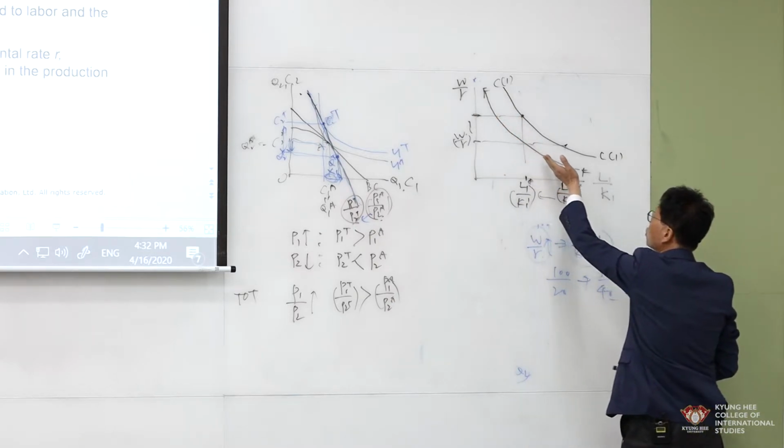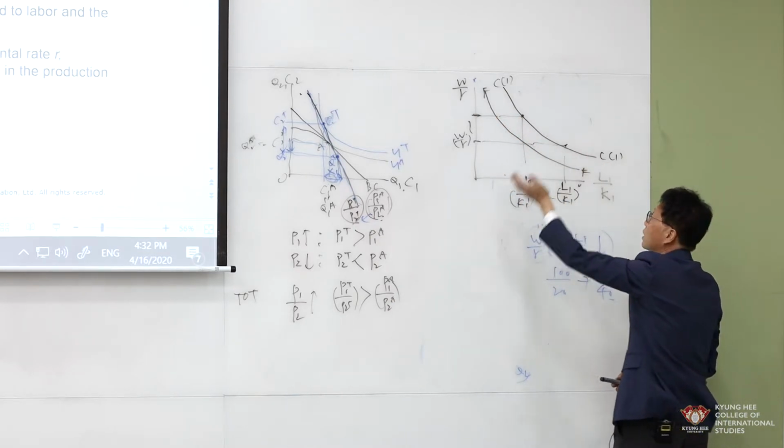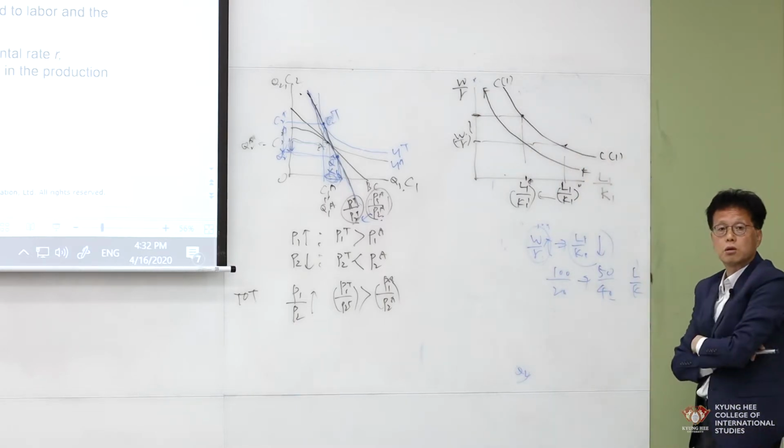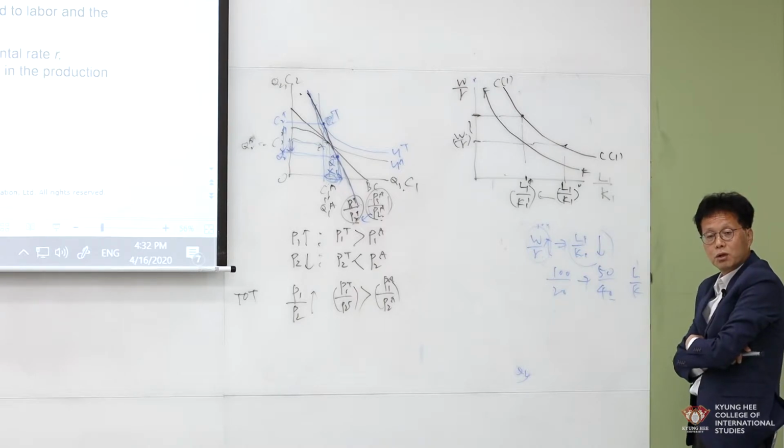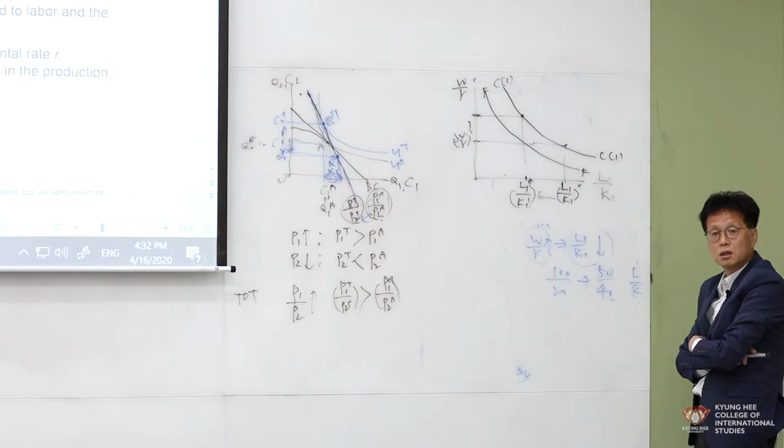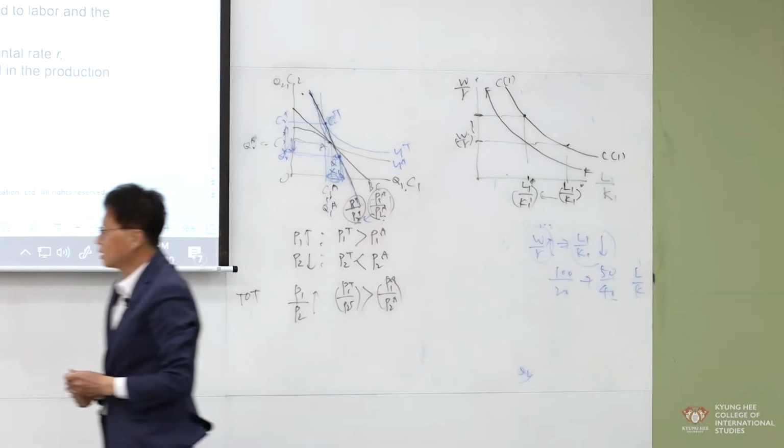But the FF curve, or Tutu curve, is inside the CC curve, or one-on curve. Why? Because Q1 is labor intensive, Q2 is capital intensive. Look at this.